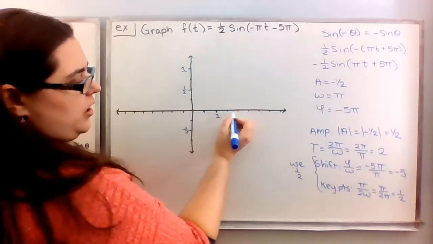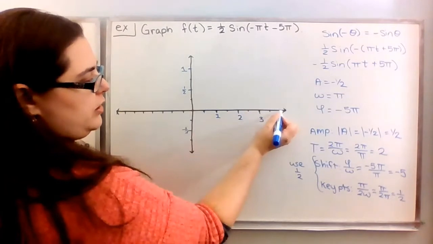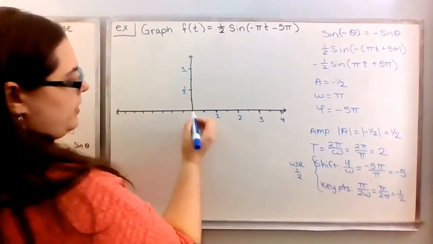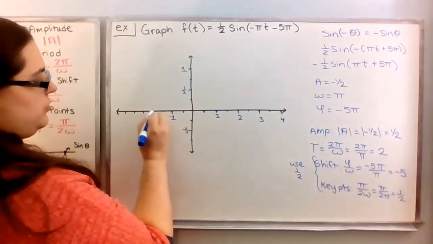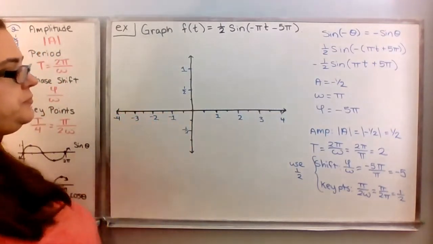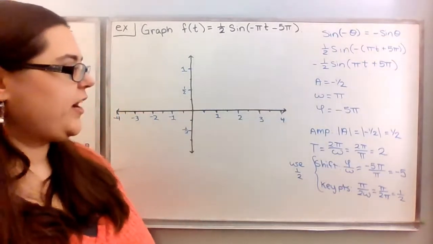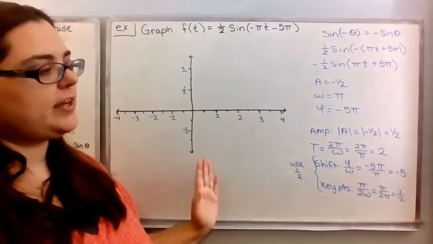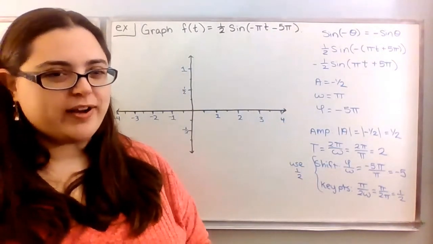So then we have 1/2. So here's 2, 3, 4, -1, -2, -3, -4. All right, so now we've got the t-axis and the y-axis labeled. So our next step is to get our starting point.